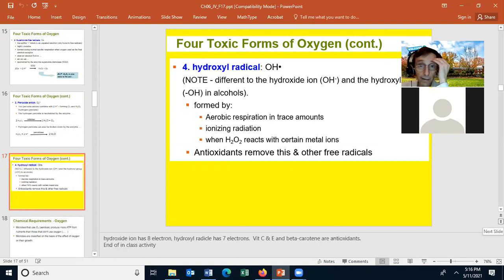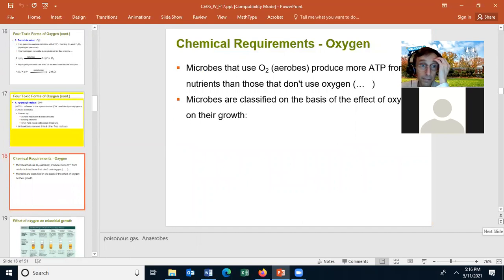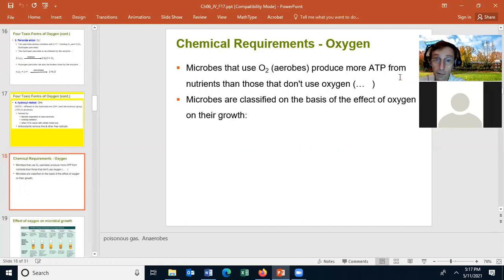All right, so it ends in the 4 toxic forms of oxygen. And so the next slide I'm going to talk about is some chemical requirements that all organisms, especially microbes, need. And one of them is oxygen. Microbes that use oxygen are called aerobes. And aerobes produce more ATP from their nutrients than microbes that do not use oxygen.